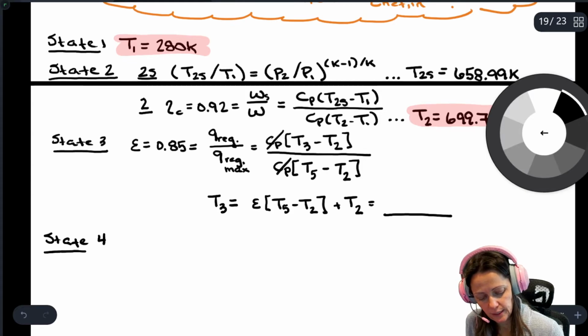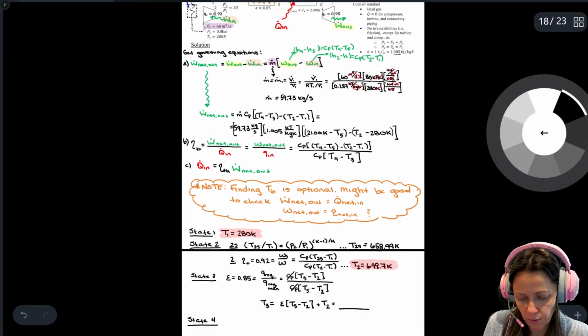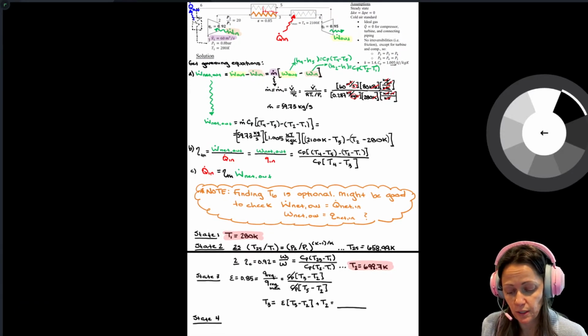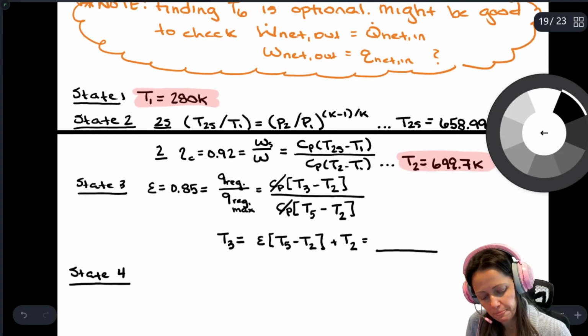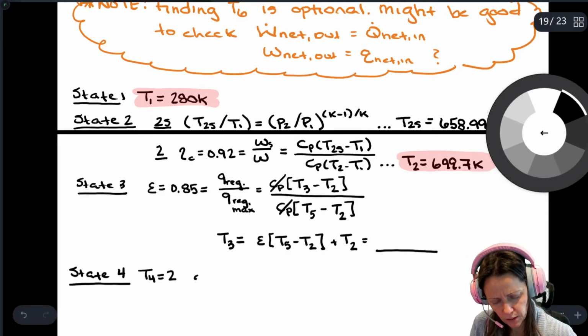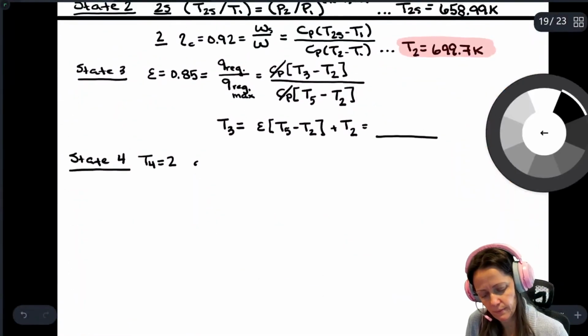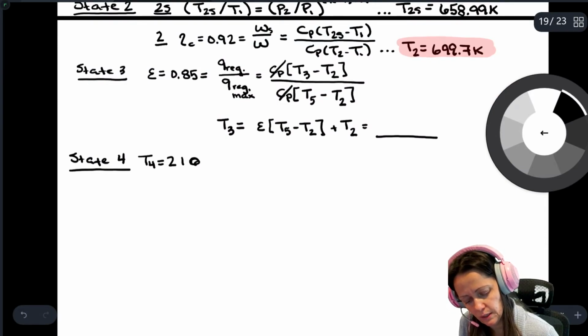All right, state 4. This was the maximum temperature in our cycle, which we reasoned out would be after the addition of the heat for the combustion process. It's 2100 Kelvin, that's our T4. I'm sorry, not 2400, 2100 Kelvin.